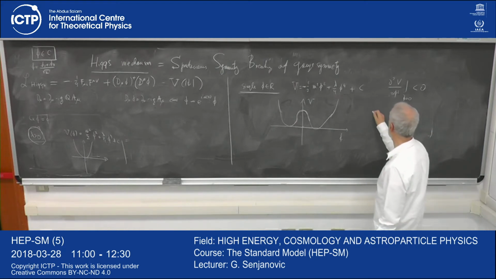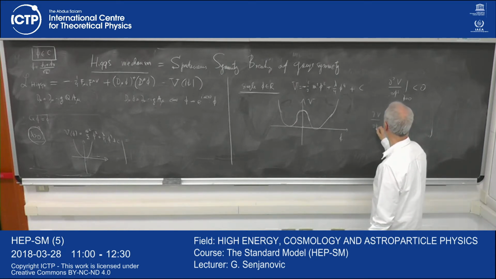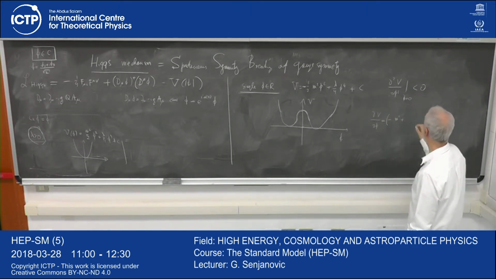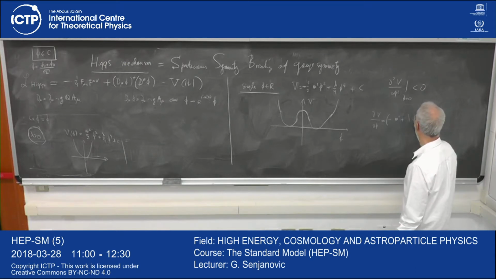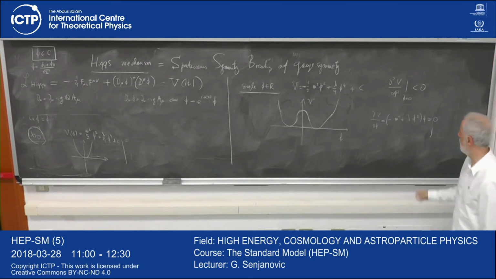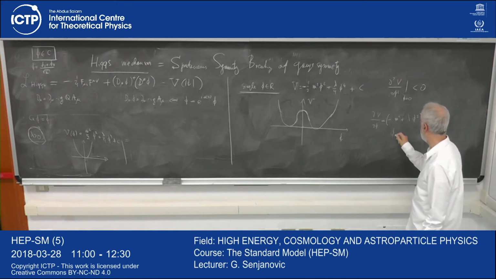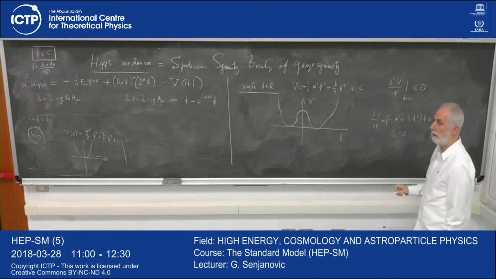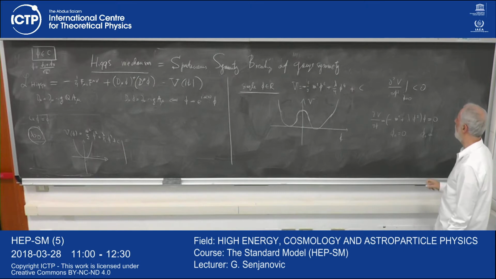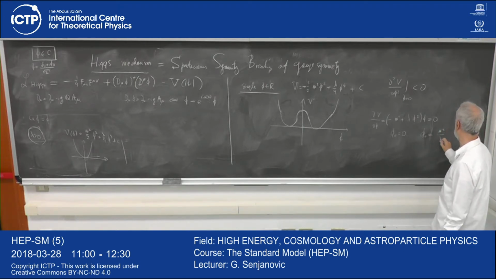That's not surprising, because dV over d phi, let's find the extrema, is minus m squared plus lambda phi squared, times phi, equal to 0. Agree? There are 3 extrema, so there is phi 0, let me call it, equals 0. Then there is phi plus, which is the square root of m squared over lambda.